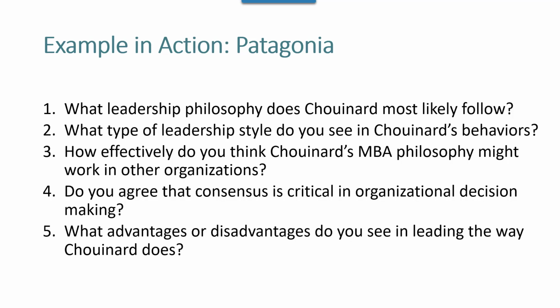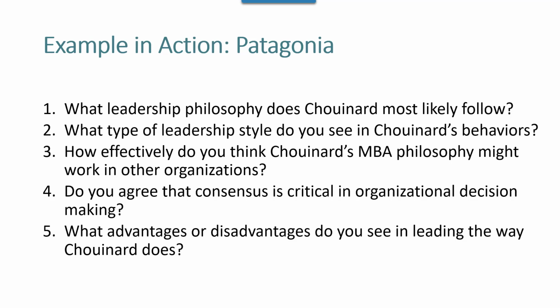Now that we have a feel for what Chouinard thinks and how he behaves as a leader, consider these questions. What leadership philosophy does Chouinard most likely follow? What type of leadership style do you see in Chouinard's behaviors? How effectively do you think Chouinard's management philosophy might work in other organizations?